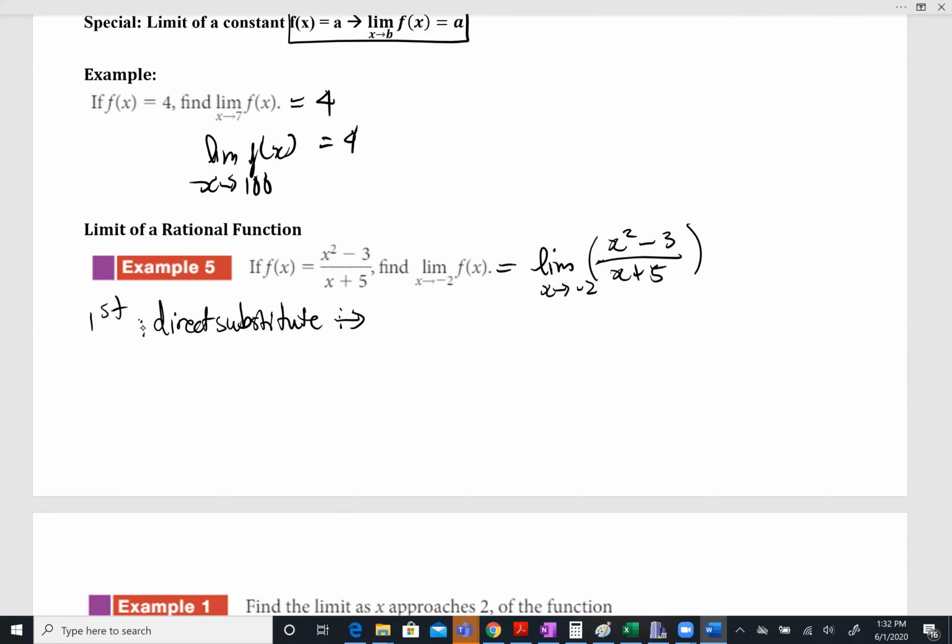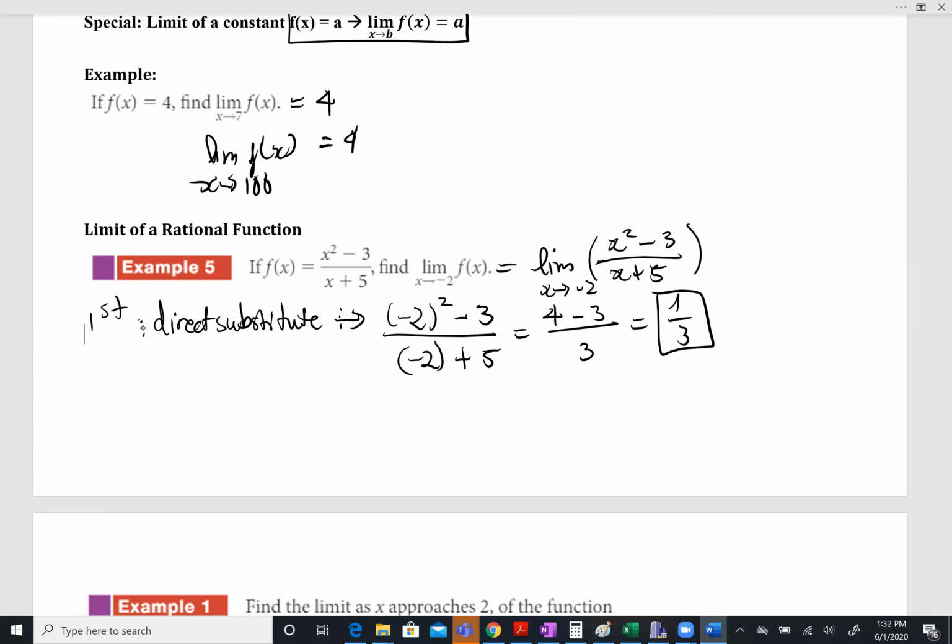So I have (-2 squared minus 3) over (-2 plus 5). Now I have 4 minus 3 on top, and the bottom is -2 plus 5, which equals 3. Finally, I simplify, and it's equal to 1/3. That's the answer.